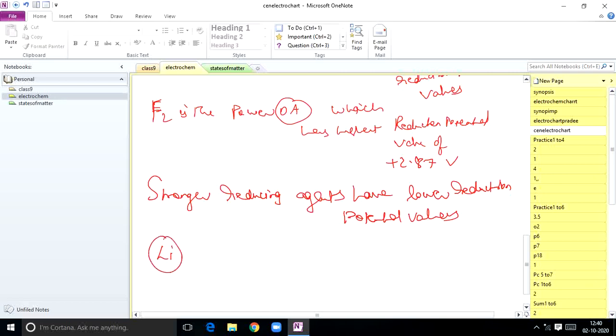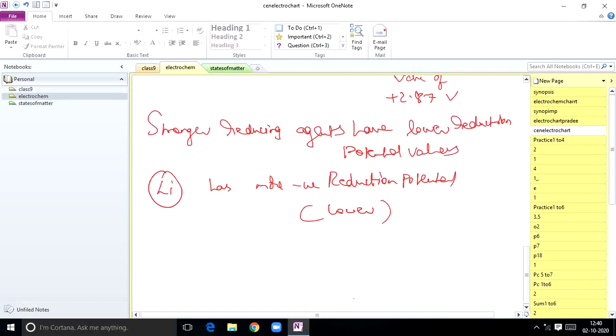For example, if you take lithium, it has more negative reduction potential value. More negative reduction potential value means lower reduction potential value, so it acts as a powerful reducing agent.